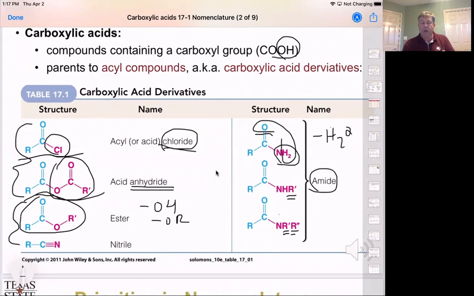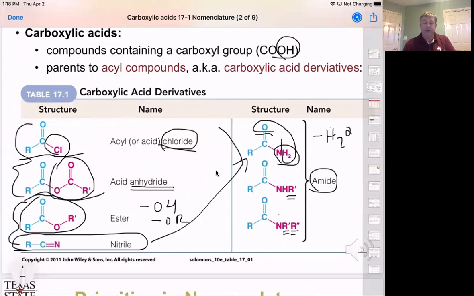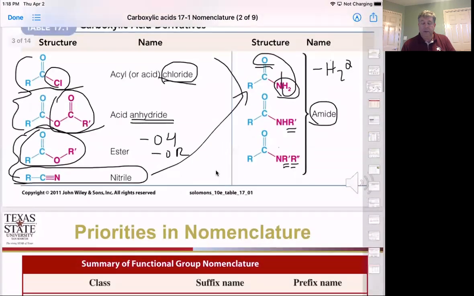If we remove water from this amide structure, we actually end up looking at a nitrile down here. Now, you can think about a nitrile as a protected amide, or a protected carboxylic acid, because we can make it and break it by just hydrolyzing it back to the amide or even back to the carboxylic acid if necessary. Okay.